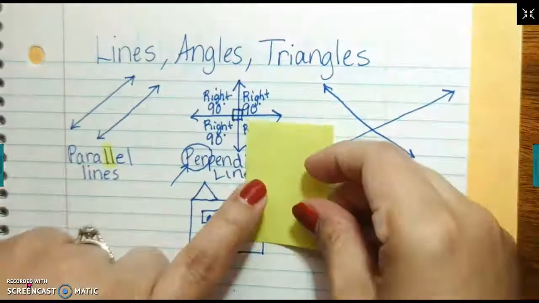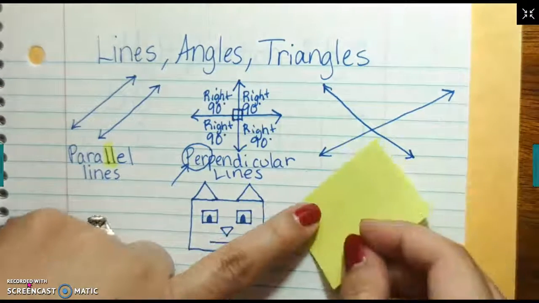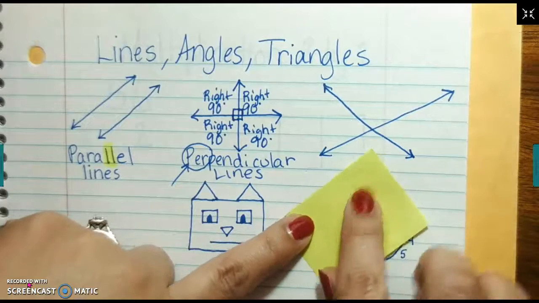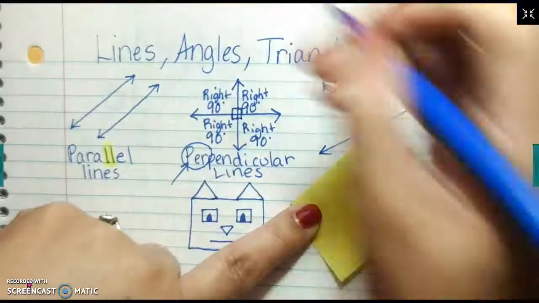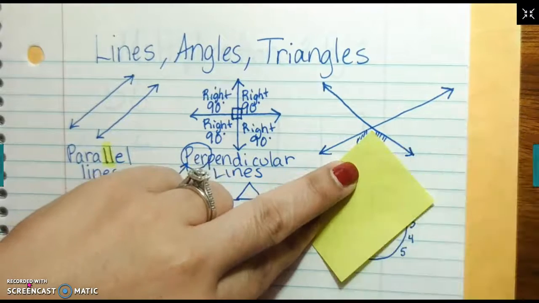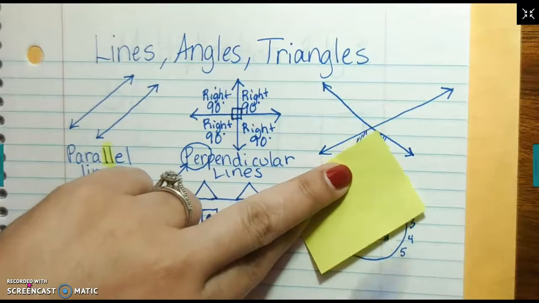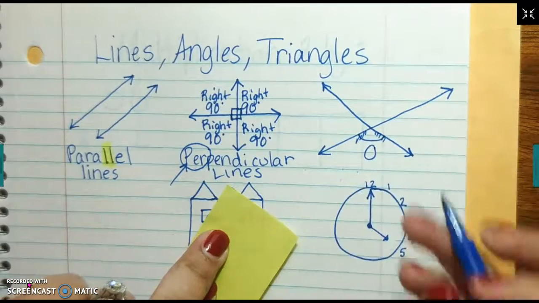And so here it fit just perfectly. See that? But here, when you go in, pretend it's a puzzle piece. When you go in, you notice that there is that extra space, and therefore it lets you know that it's greater. This angle is greater than 90, so we would say that's obtuse.